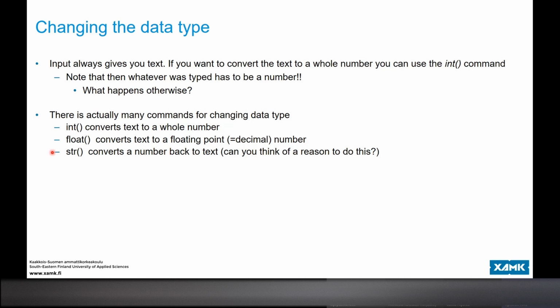It doesn't make sense to add up a piece of text into a number. But if you convert the number to text, then you have two pieces of text, and if you are joining them together using the plus sign, it will simply merge those two pieces of text. And that's more or less the usage for whenever you might be using str.